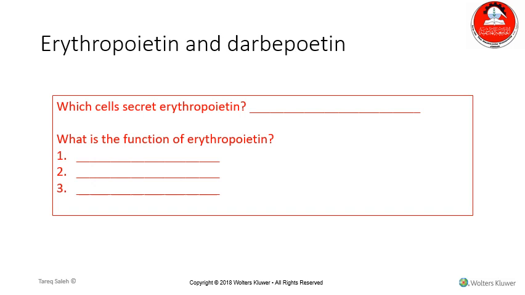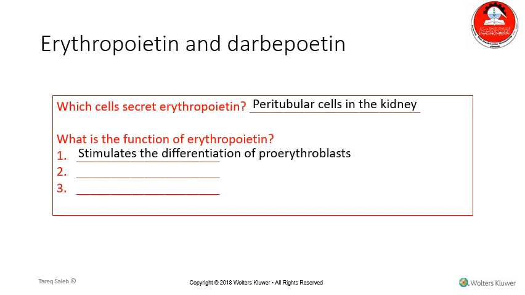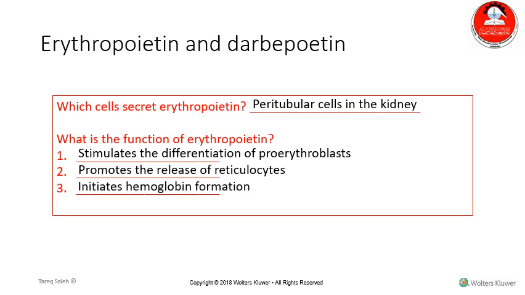I'm pretty sure you all know that in response to hypoxia, peritubular cells in the kidneys synthesize and release erythropoietin, which is a glycoprotein that is responsible for the stimulation of stem cells to differentiate into proerythroblasts, and that promotes the release of reticulocytes from the bone marrow, as well as it contributes to the initiation of hemoglobin formation. So erythropoietin is very essential for red blood cell proliferation and differentiation in the bone marrow.